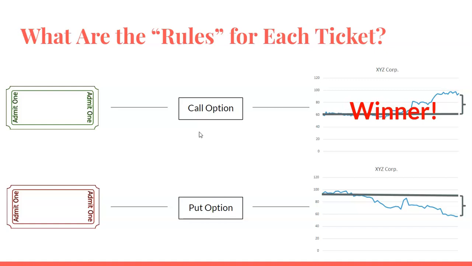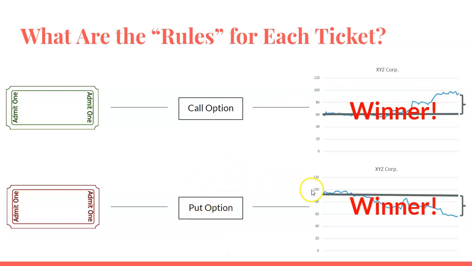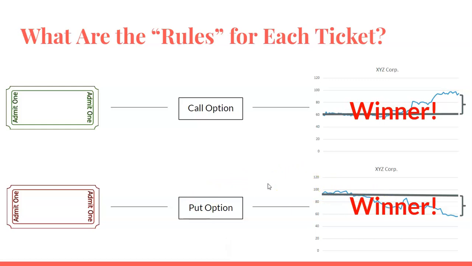Some of you may have heard the little trick that gets tossed around, call up, put down, and that little trick basically tells you what direction you're betting on if you're the buyer of that option. So if you're the buyer of the call option, you're hoping that the stock price goes up. And similarly, if you're the buyer of a put option, you're hoping that the price of the stock goes down. And that's where the call up, put down trick comes from.